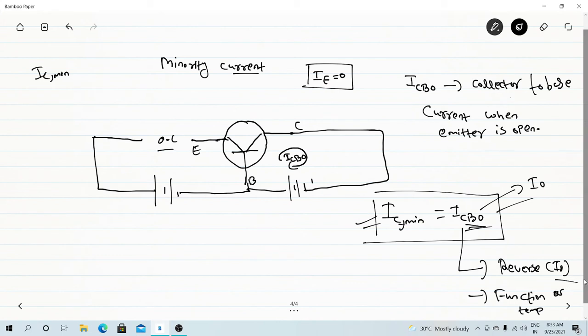This reverse current was a function of temperature, so ICBO is also a function of temperature, which we should keep in mind.